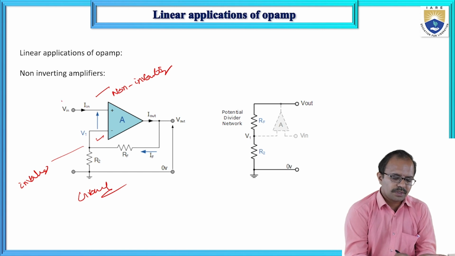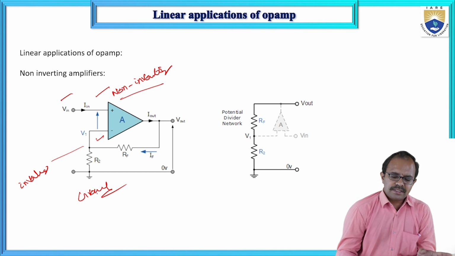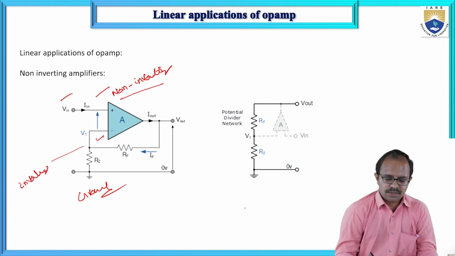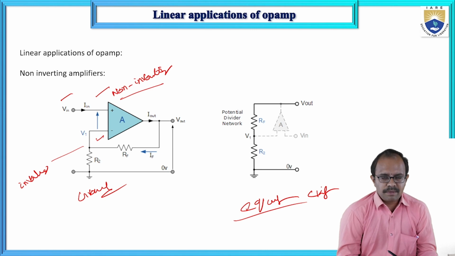Input is provided to the plus, which is the non-inverting terminal. And similarly, this is the equivalent circuit of your non-inverting amplifier.